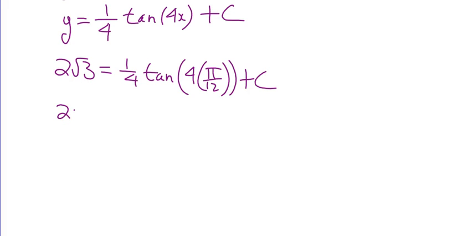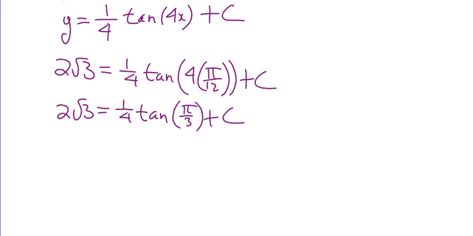Okay, so 2 root 3 is 1/4 the tan of pi over 3. Okay, what's the tan of pi over 3? Is it just root 3? It's root 3, right? Yeah, it's just root 3.